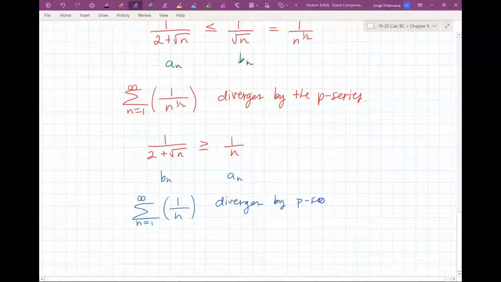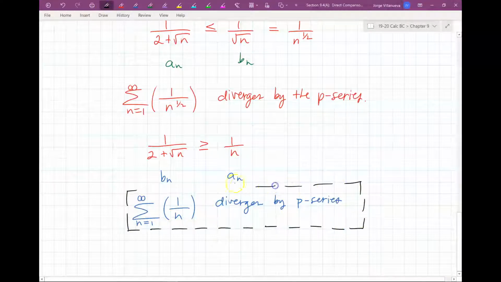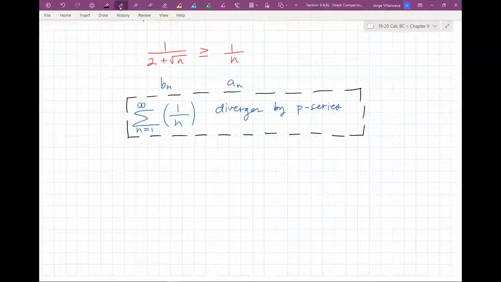This diverges by p-series. And that's perfect. Because if that diverges by p-series, that means a sub n diverges. And if a sub n diverges, what happens to b sub n? It must diverge as well, right? So I'm just going to write that down.